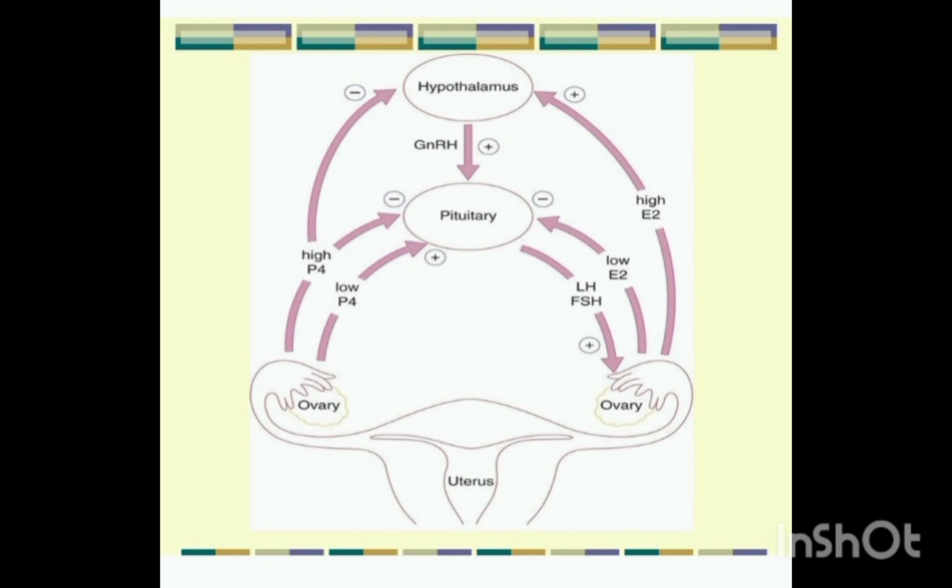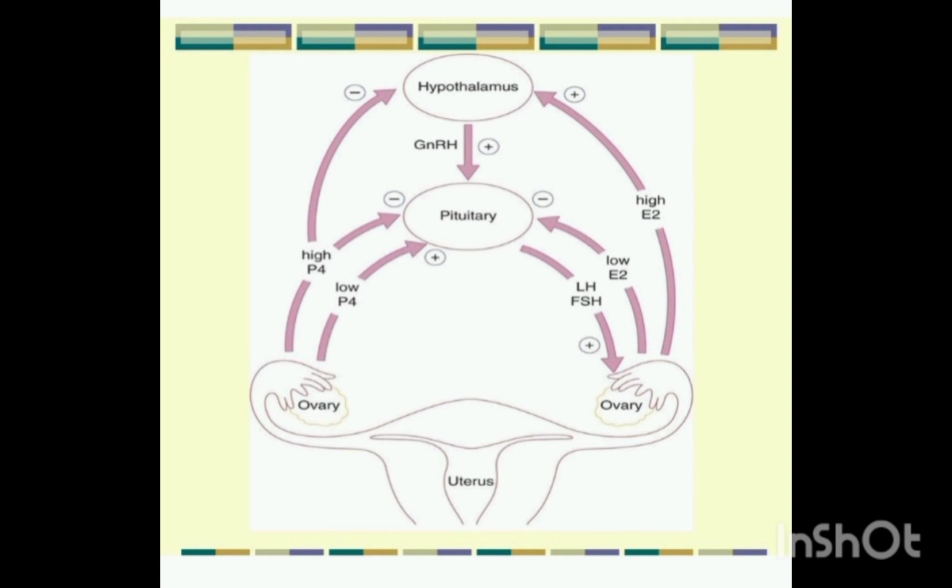So now let us learn about the hormonal control over menstruation. The hypothalamus is the one which controls the menstrual cycle and also pregnancy and fertility. As you see in this diagram, the hypothalamus releases gonadotropin releasing hormone to the anterior pituitary gland.